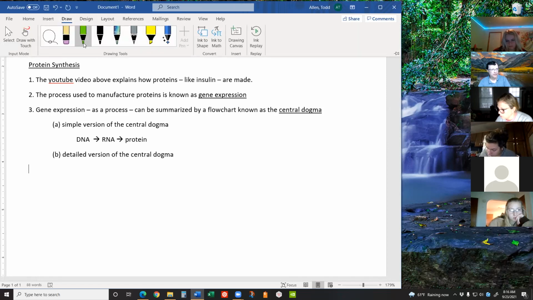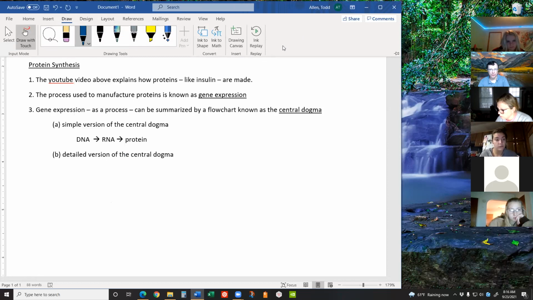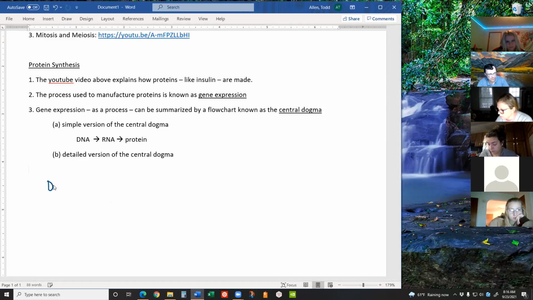Okay, so let's do this here. I'll use a nice dark blue here. So the more detailed version of the central dogma goes like this. DNA. Now, when we say DNA here, there's lots of things about DNA you don't know yet.